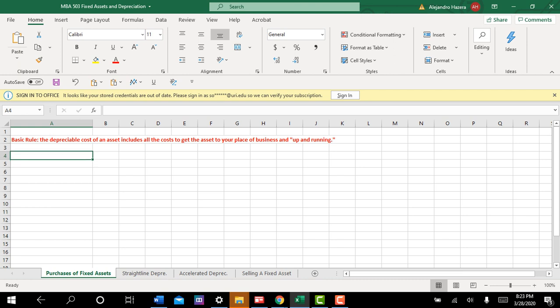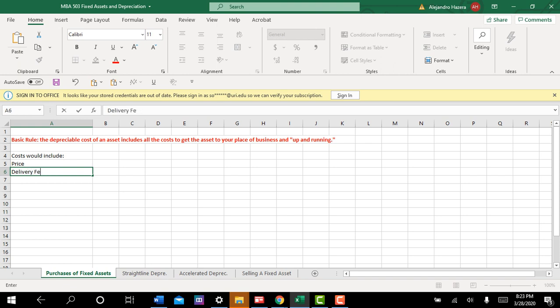Let me give you examples. Costs would include, and these are just examples, obviously the price of the asset. That's an obvious cost. Any delivery fees, because you have to get it to your place of business.